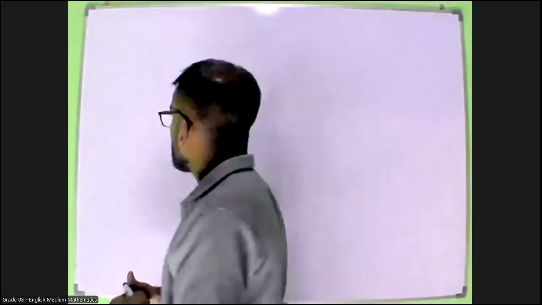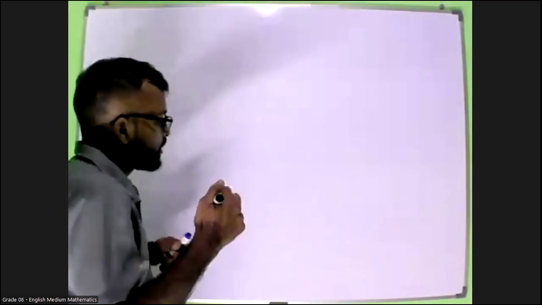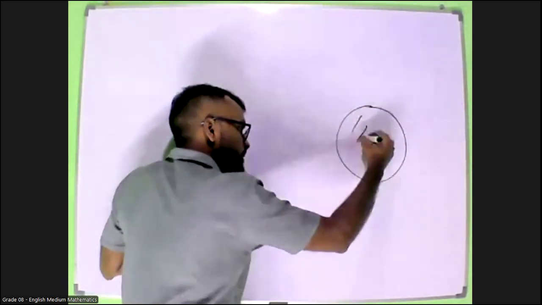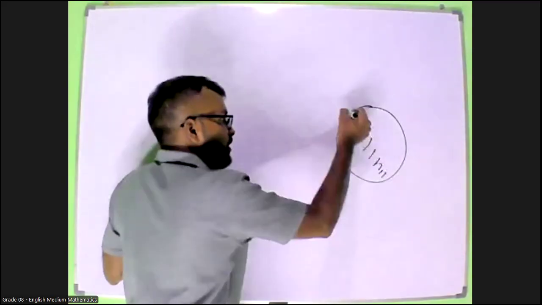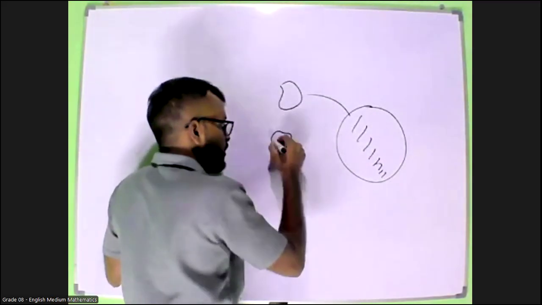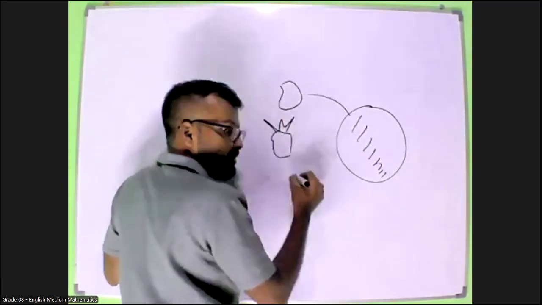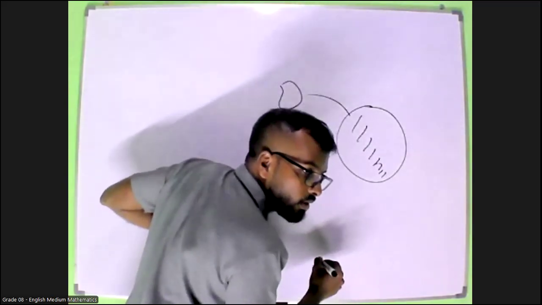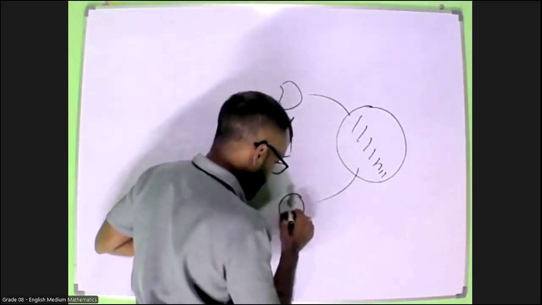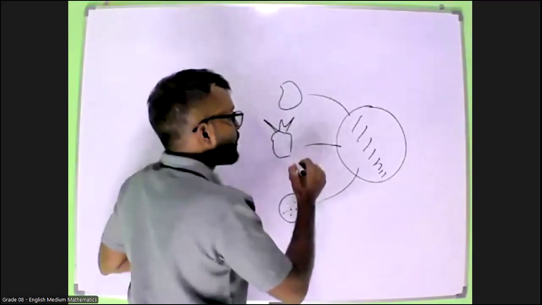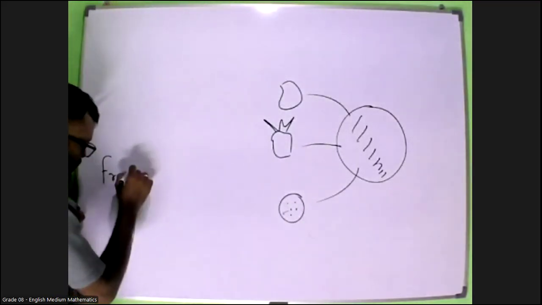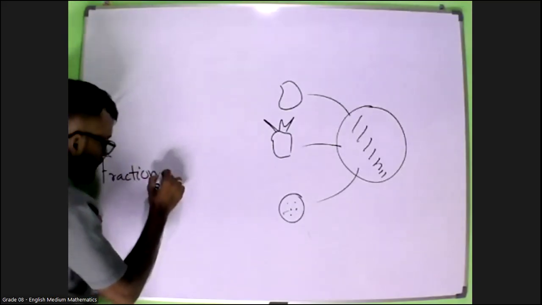Now look at the book, right? So this is the whole lot of things, a mixture, and this is mango, and this is pineapple, whatever. The other one is the orange, and you have to find a fraction.